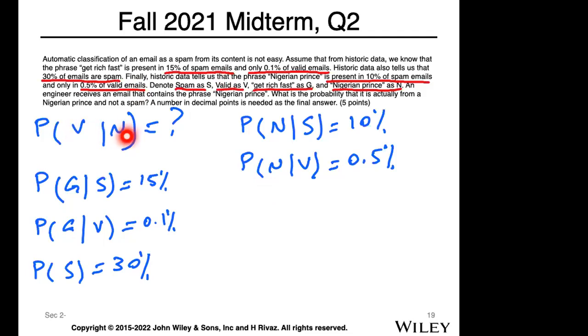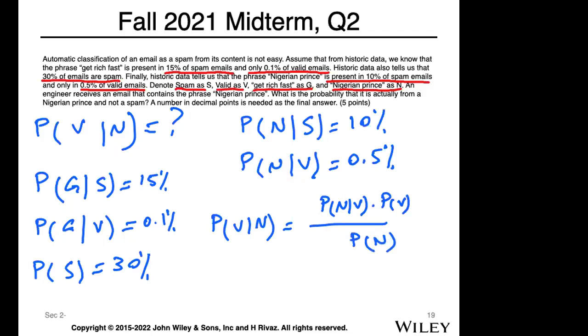So first, we want the probability of V given N. The closest thing we have is the opposite, the probability of N given V. Whenever the order is reversed, we have to use Bayes' theorem. So the probability of V given N is equal to the probability of N given V times the probability of V, divided by the probability of N. The rest is easy, you just plug in the numbers.